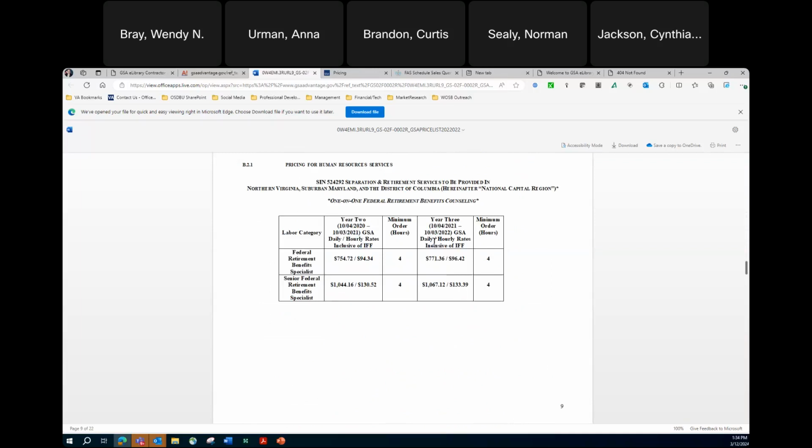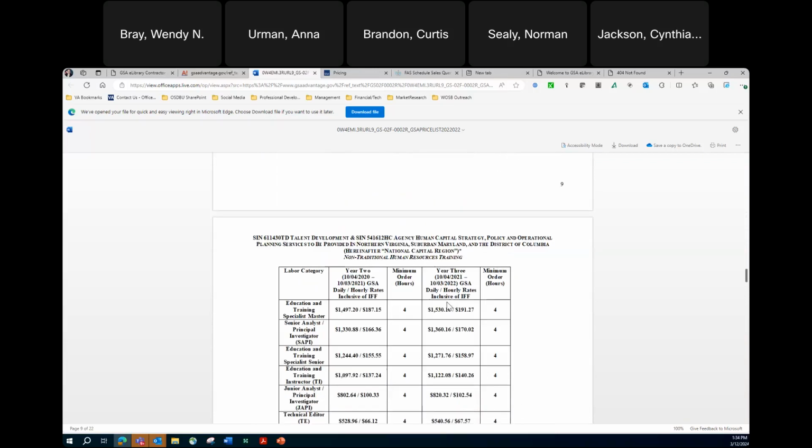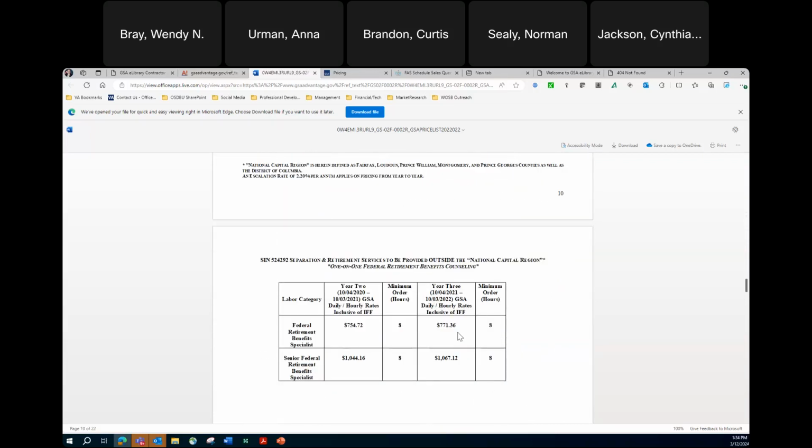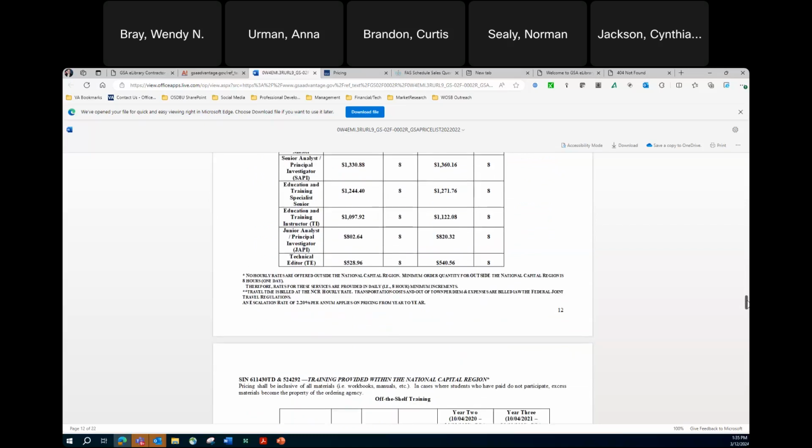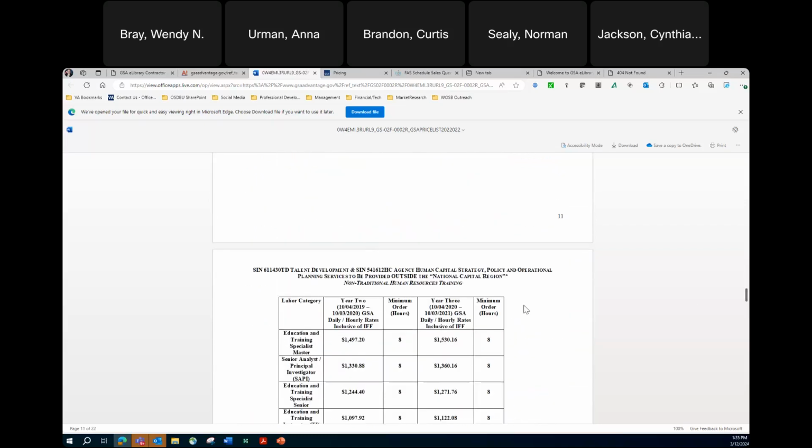So this is an interesting example. They have their prices in terms of a class as opposed to a labor rate, but they probably also have individual labor rates somewhere. But they have, see, a minimum number of hours. And what these tables often have is, as you could see, year 2, year 3.